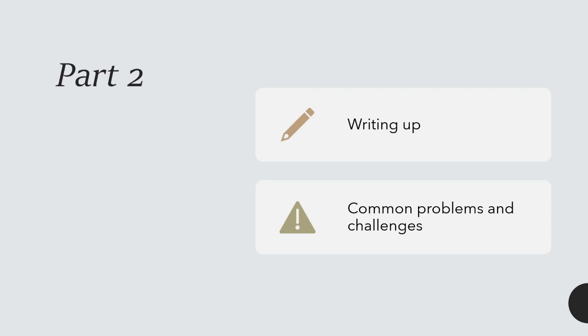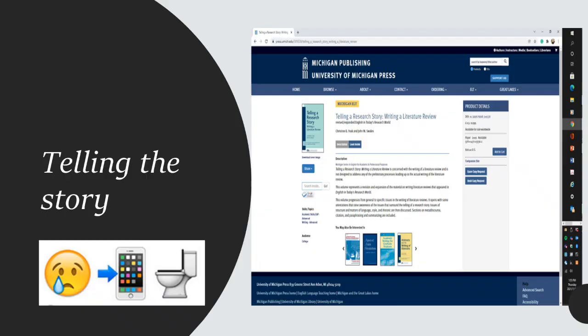In some sense, I think we have talked about it throughout, because there's a sense of writing while you're doing the literature review. So I often find that it's not necessarily in separate phases. You write as you read and you read as you write. But just in terms of going for a logical pathway, we'll be looking at writing up next, and then we'll chat about common problems and challenges.